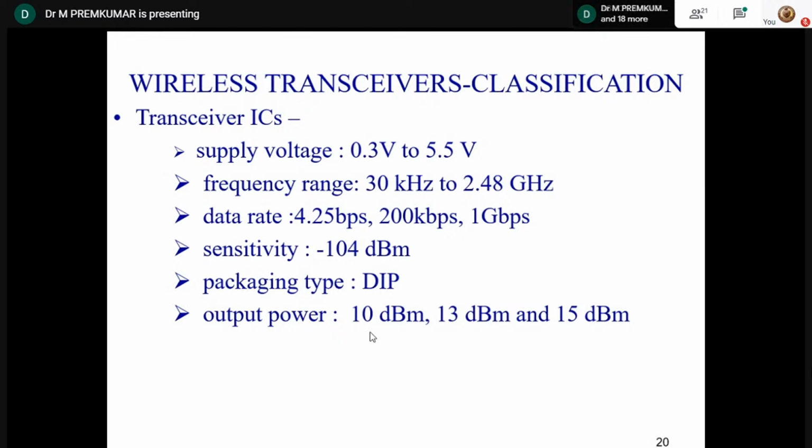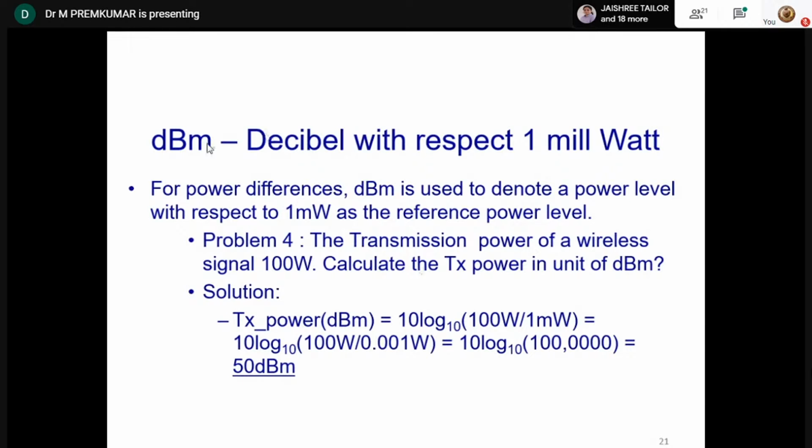You can develop some RF components, for example, an RF amplifier, a low noise amplifier, a mixer, or an RF switch, to have a particular specified power, and you can provide an end-to-end market solution for that. dBm is nothing but decibel with respect to 1 milliwatt. Already we have the power level in terms of watts.